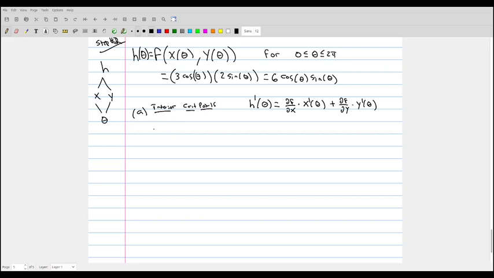But the main idea is that for the interior critical points on this interval, for this function h, there are no interior critical points of type 2.